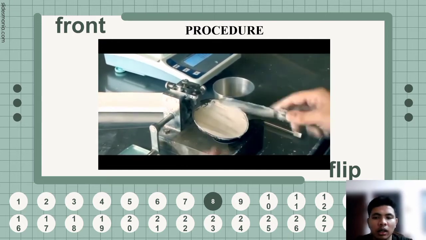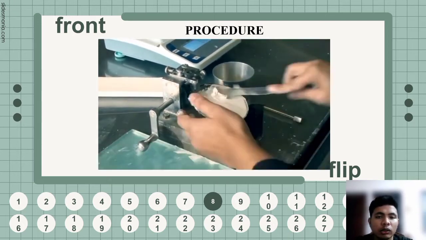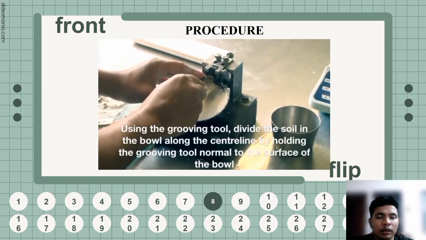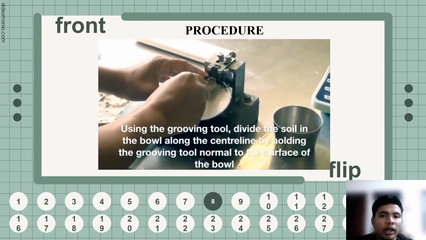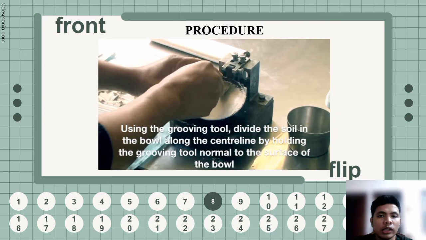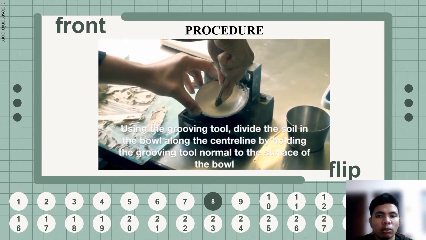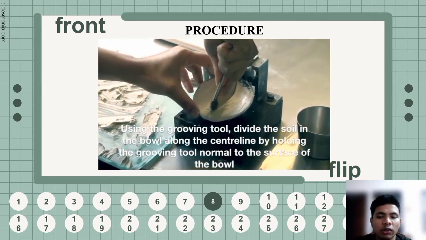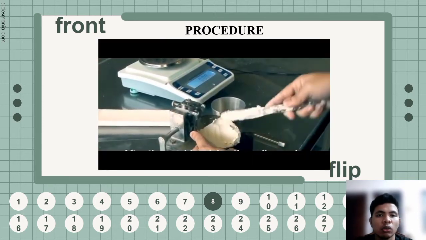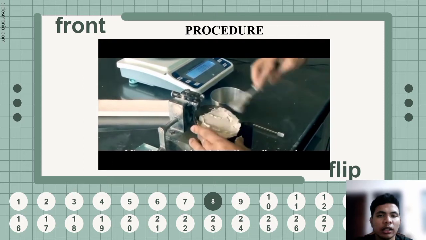After that, level off the soil surface parallel to the base, and using the grooving tool, divide the soil in the bowl along the central line by holding the grooving tool normal to the surface of the bowl. Basically you have to centralize by cutting it in the center.